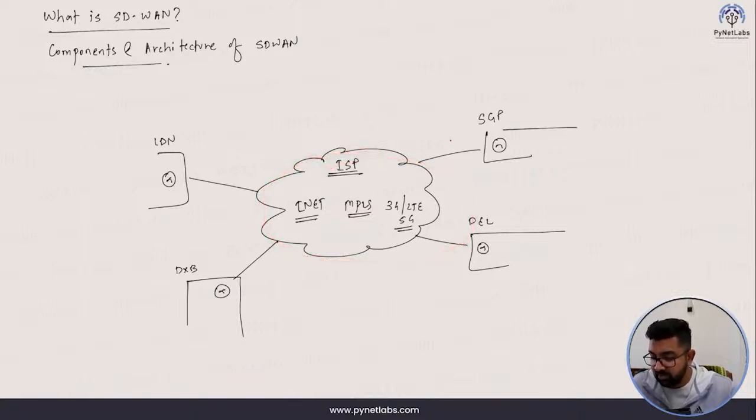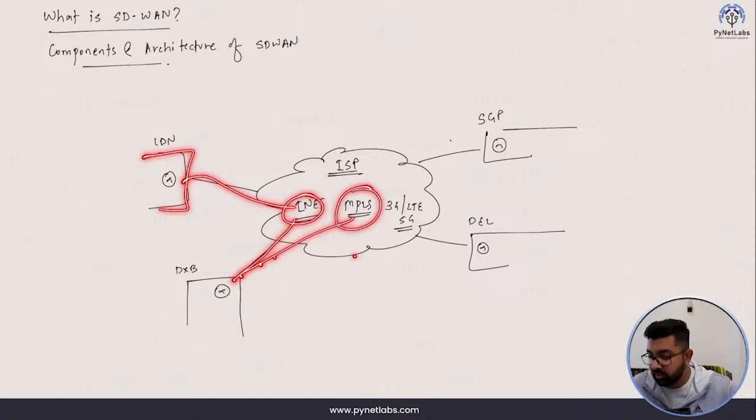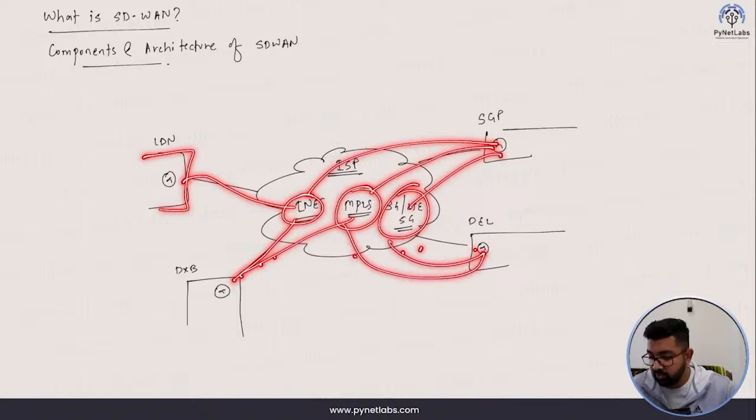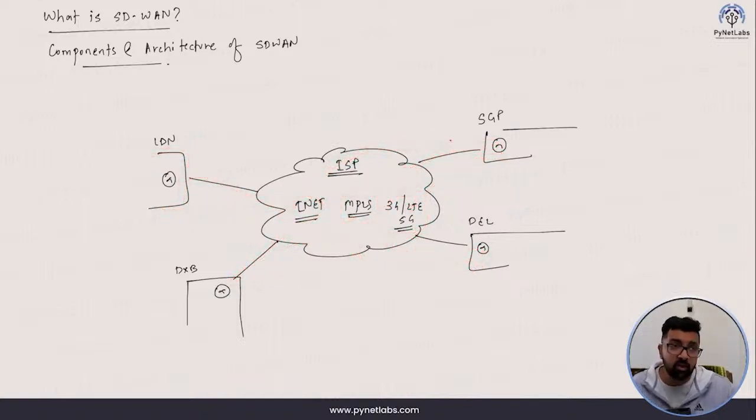Some branches would be connected to iNet, which is commodity internet circuits. Some would be connected to iNet and MPLS both. Some would be connected to iNet, MPLS, and 3G. Some might be connected to a combination of 3G and MPLS. It can be any combination that allows communication from one side to the other. And this is exactly what we call a traditional WAN.